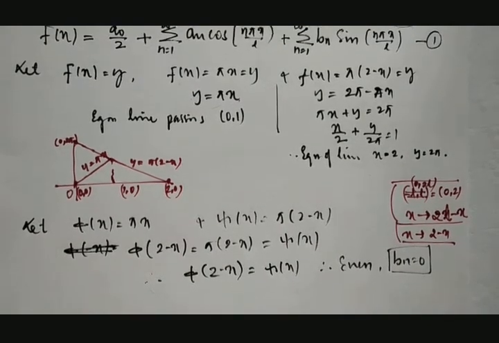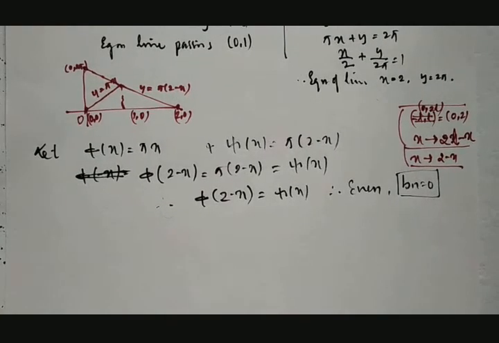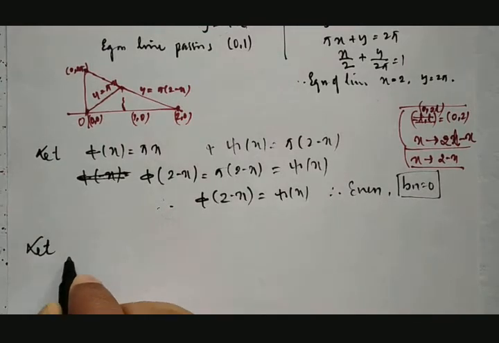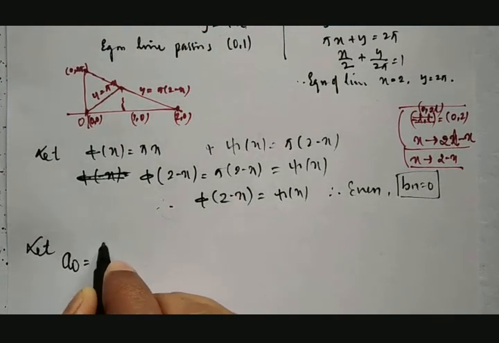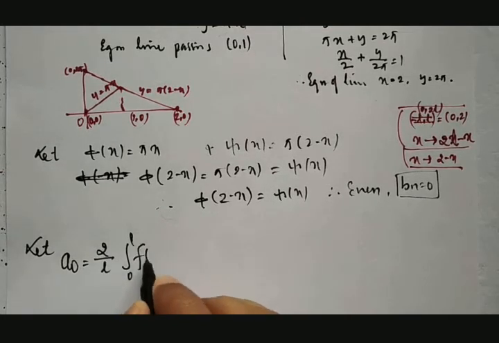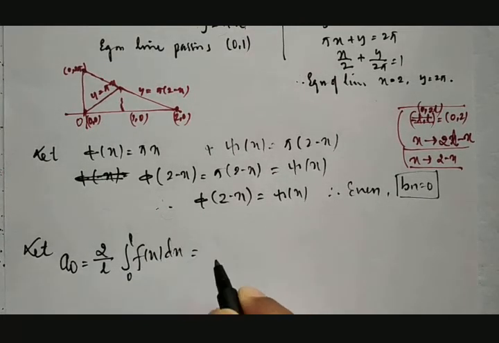Okay. Therefore, we need to calculate a0 and an. So what is a0? It is 2 by L integration between 0 to L of f of x dx.